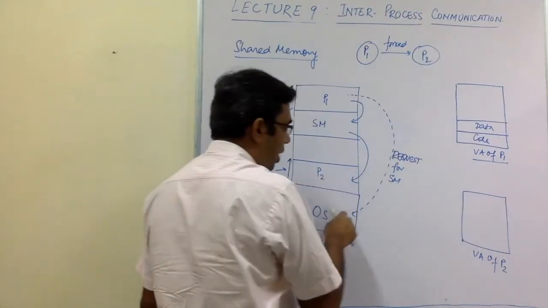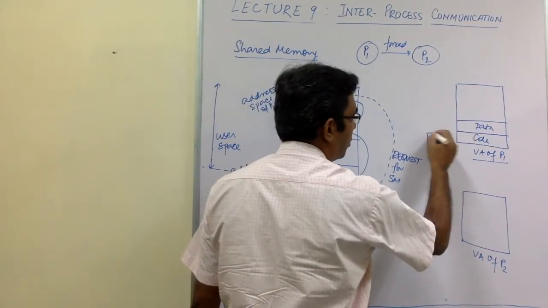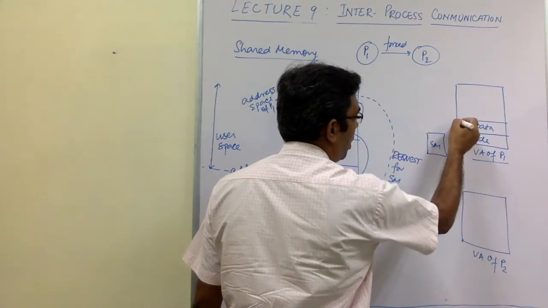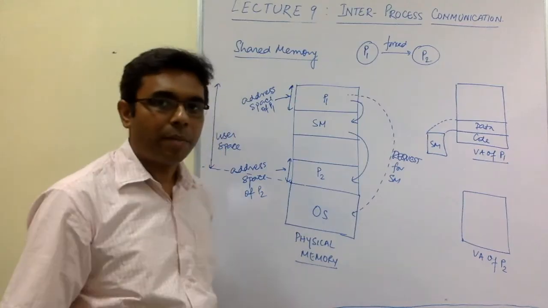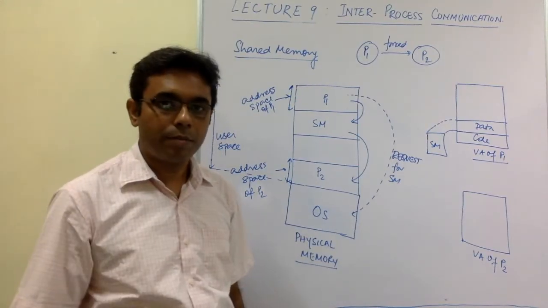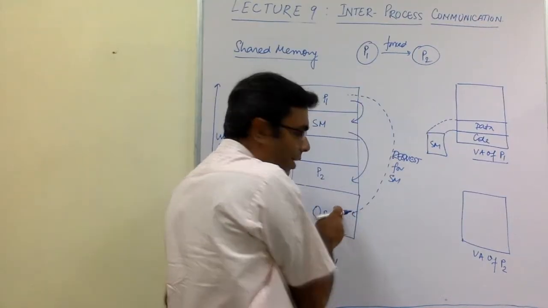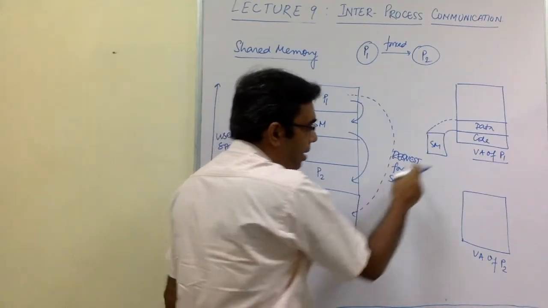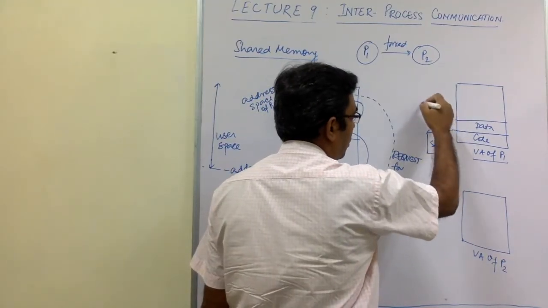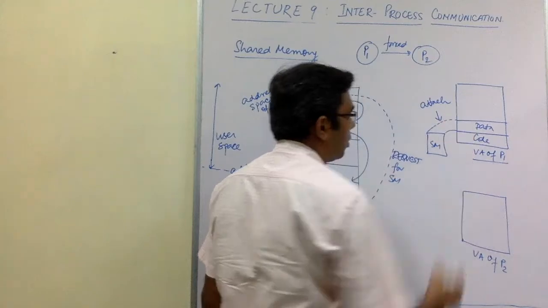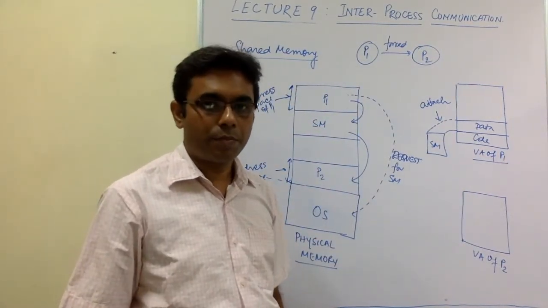The shared memory that is created will now be part of the data segment of the process that requested it. So the OS grants this request and this shared memory gets attached to the data segment of this process.